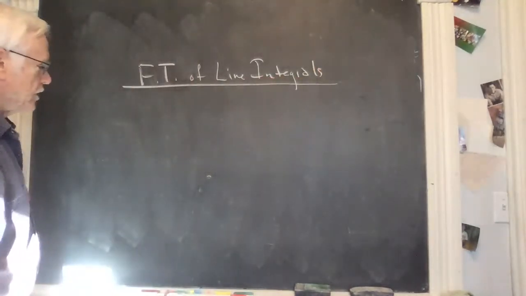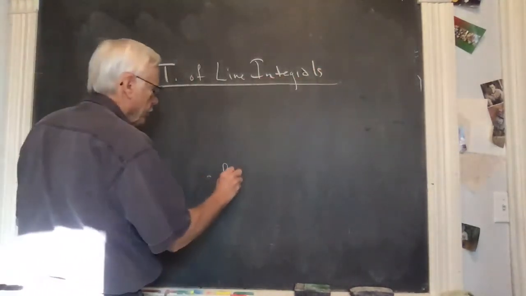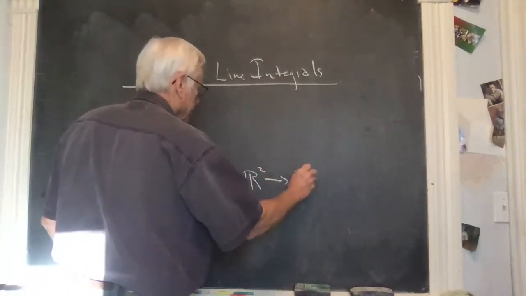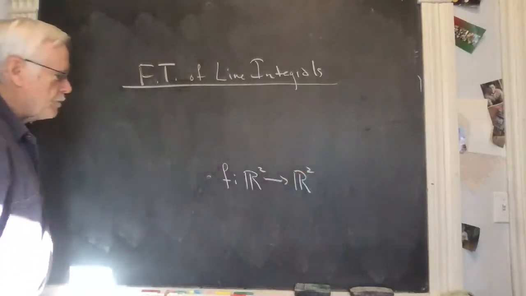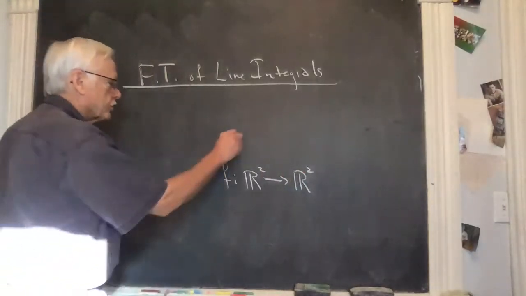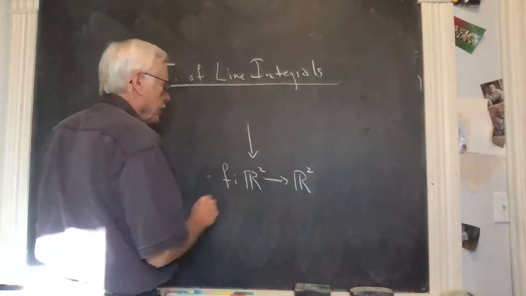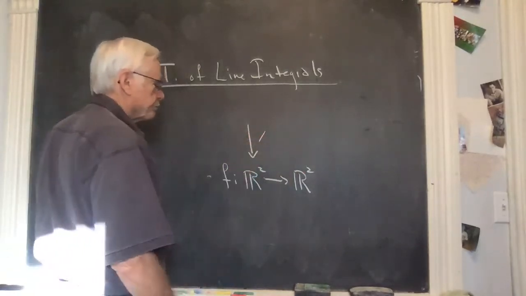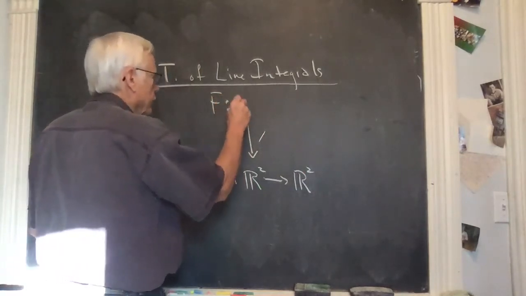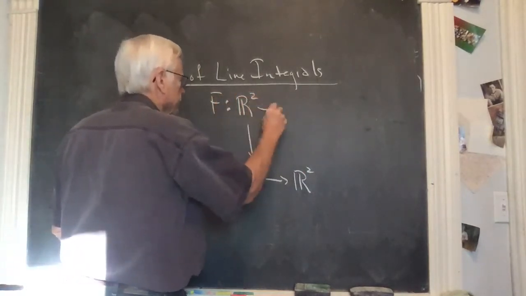And this is the idea that if we begin with a vector field mapping from R2 to R2, this is potentially a derivative. So, and it was potentially a derivative of a real valued function.